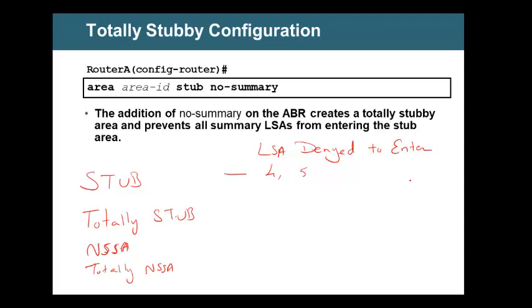Type 4 and 5 LSAs are denied into the stub area. Such areas are called stub areas. When type 4 and type 5 are denied entering into an area, that area we call a stub area.